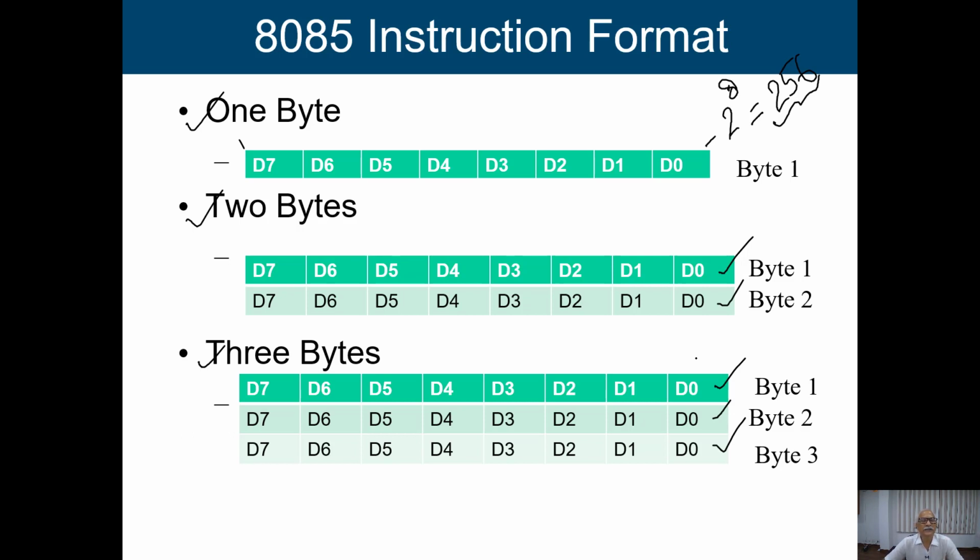I know this is an instruction, this is the way that I have to give it, and I simply use it. So if I write ADD B, say this is an instruction in the 8085 microprocessor, I know what it does: it is nothing but A equals A plus B, where A is the accumulator. Since this instruction is available in the 8085, I will simply use it and I know what it does.